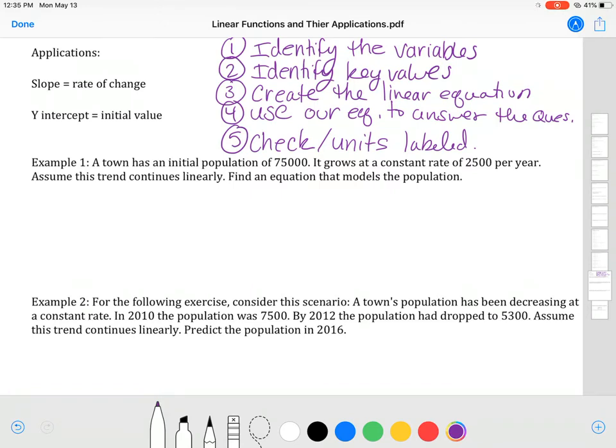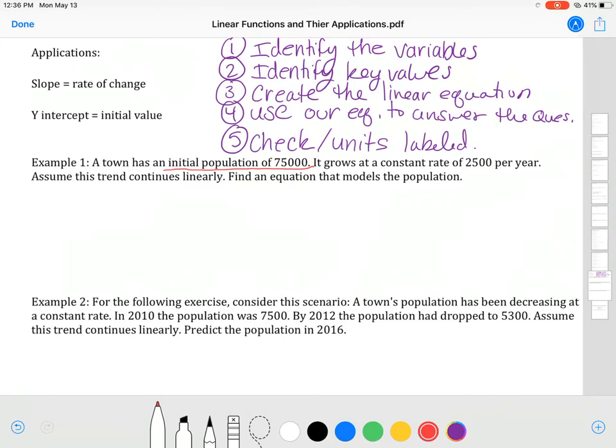In example 1, let's read through the problem first, and as we do that, we're going to identify the variables and the key values for steps 1 and 2. A town has an initial population of 75,000. Right there, whenever you see the word initial something, like initial population or initial number of cases, you want to underline that because that is going to be a key value.